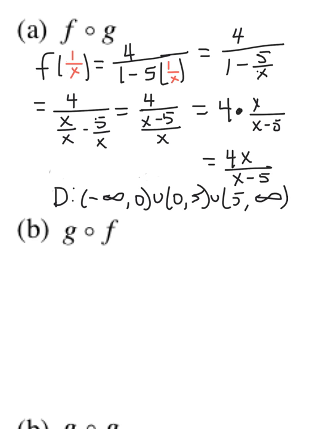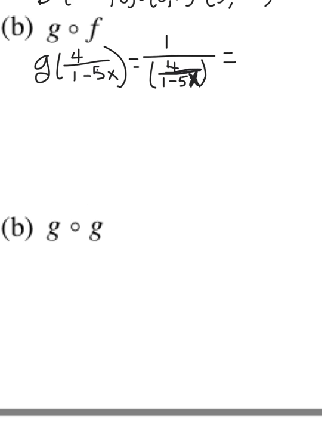Let's take a look at g of f and see what happens. All right, so I've taken my f of x, which is 4 over 1 minus 5x, and I've plugged it into g. That gives me 1 over 4 over 1 minus 5x. So this would be 1 over x, but I've replaced my x with this other function.